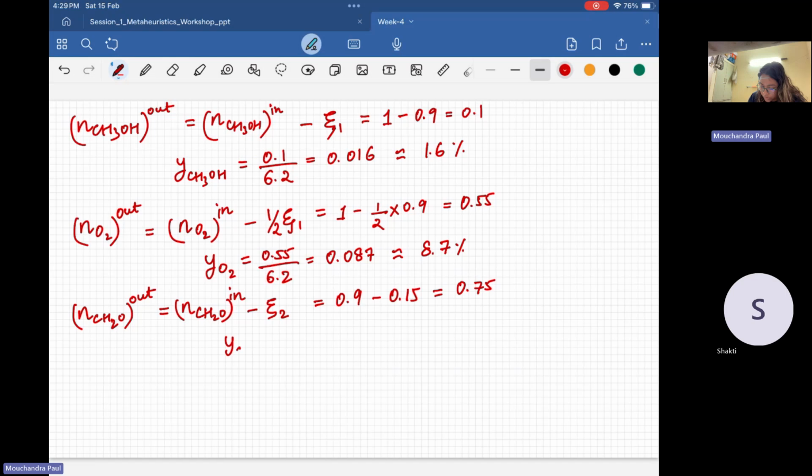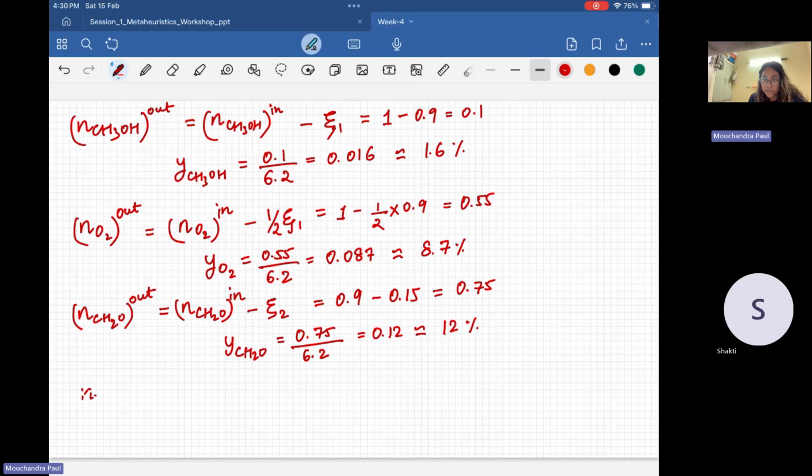So the mole fraction will be 0.75 by 6.2, 0.12, close to 12%.